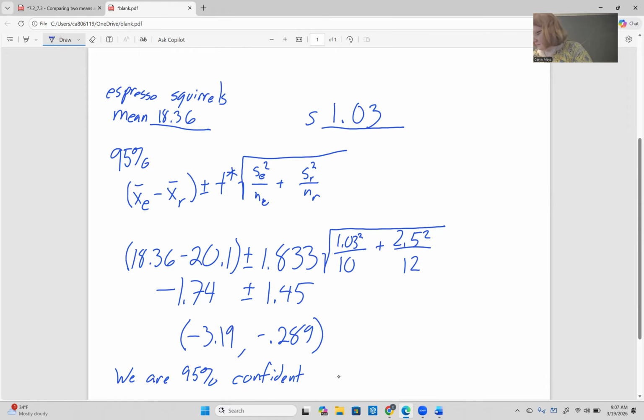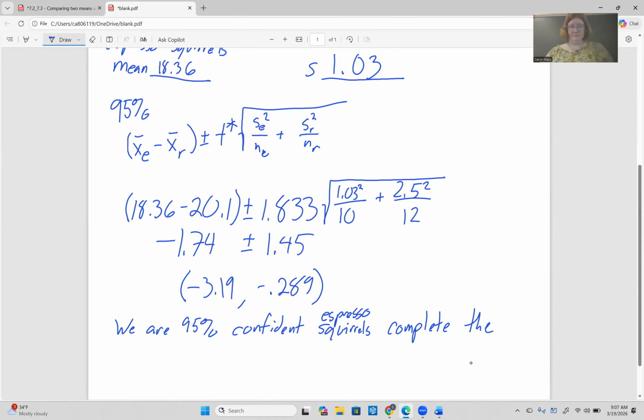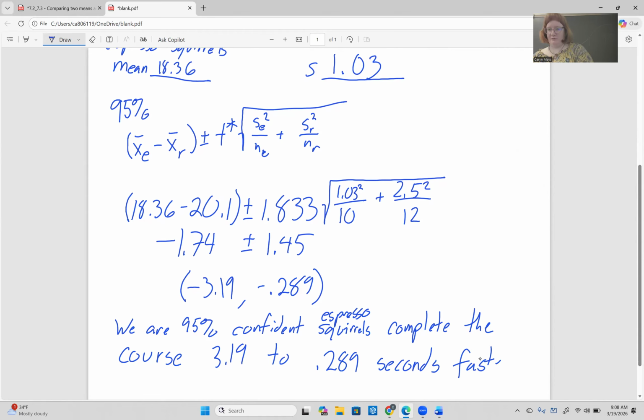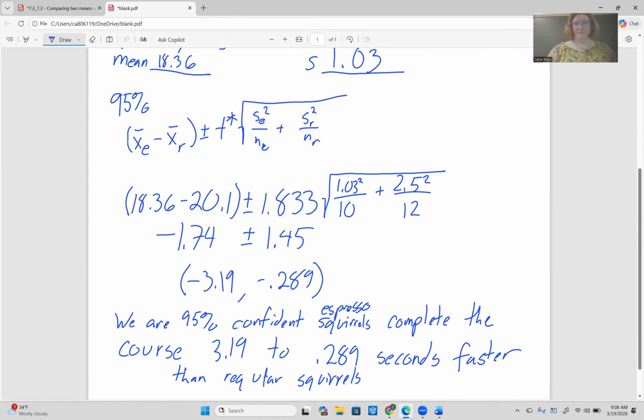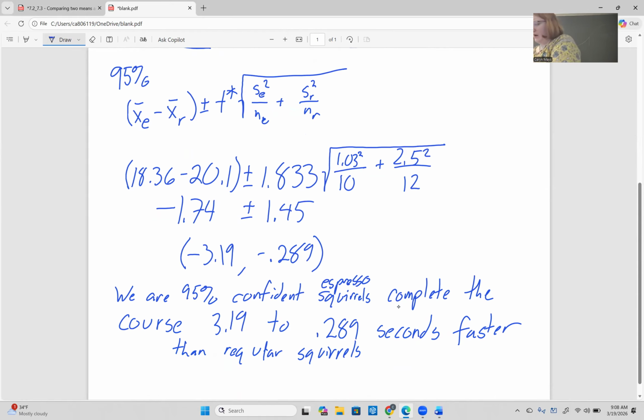We are 95% confident the espresso squirrels complete the course 0.289 to 3.19 seconds faster than the regular squirrels.